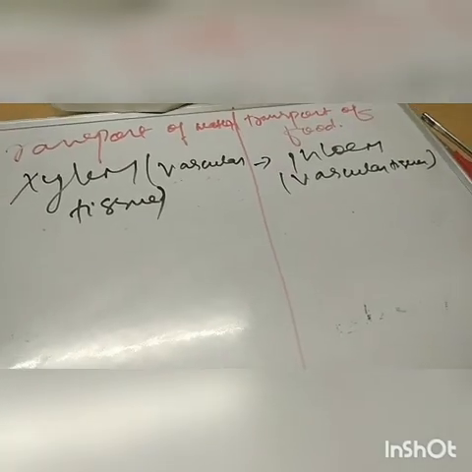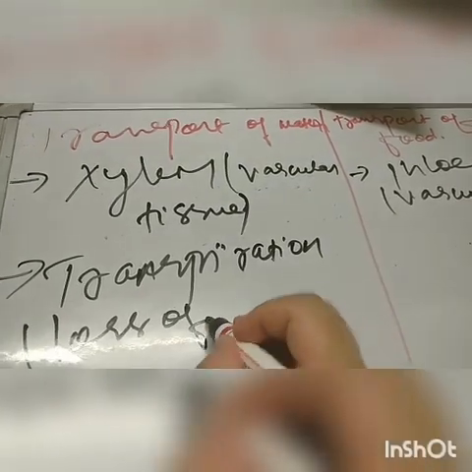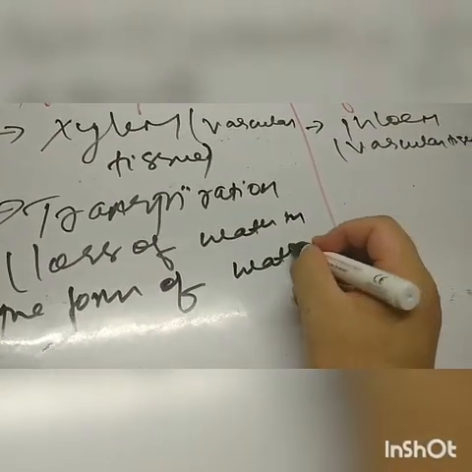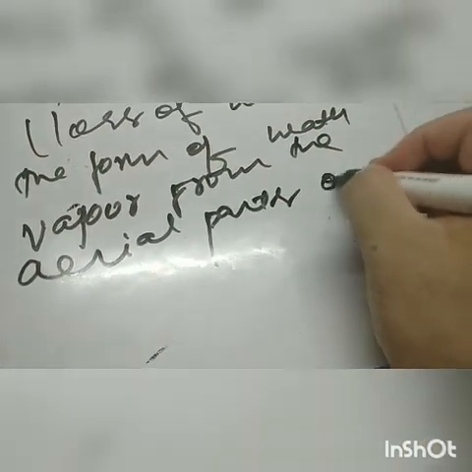In transport of water, one process is transpiration, which is the loss of water in the form of water vapor from the aerial parts of the plant, right?